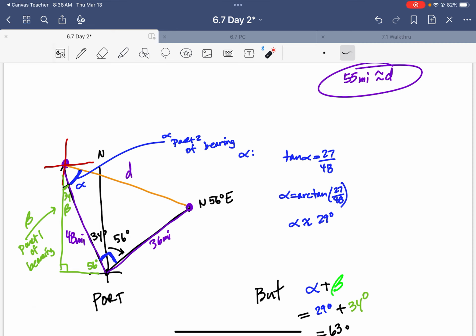Well, then it wants to know what is the bearing from this ship back to this ship. Well, anytime we want to know a bearing, we draw our little crosshairs. And we see that if we're going over here, we're actually going south, right? I'm going south, but then I open up some bearing away from south.